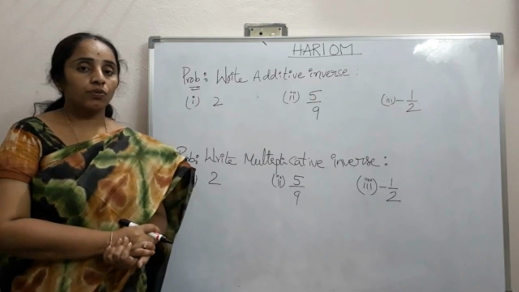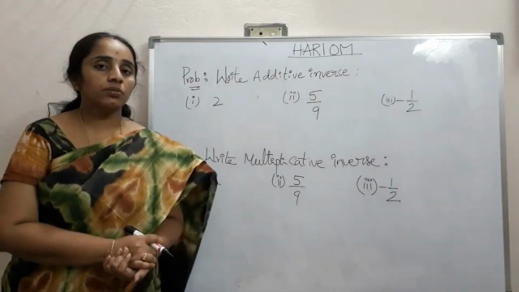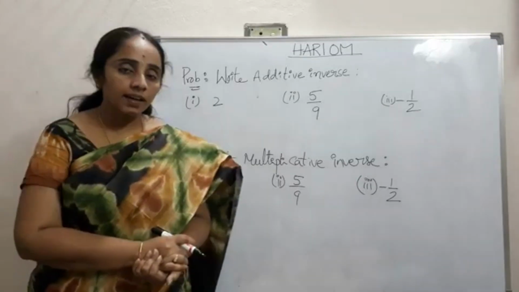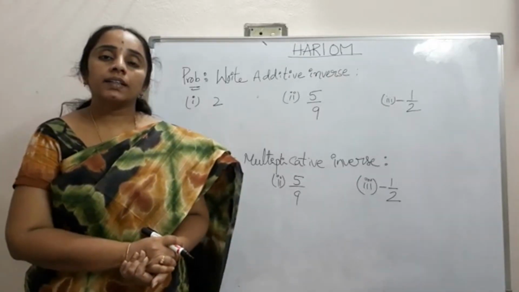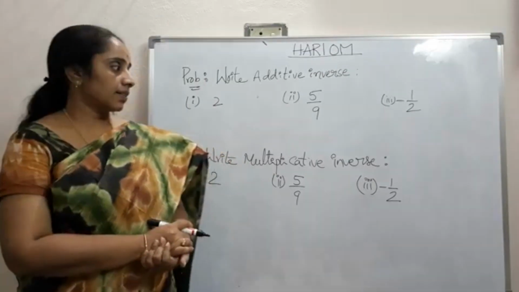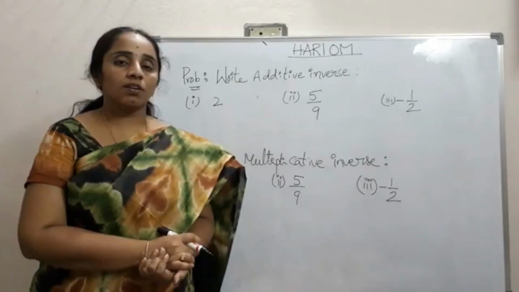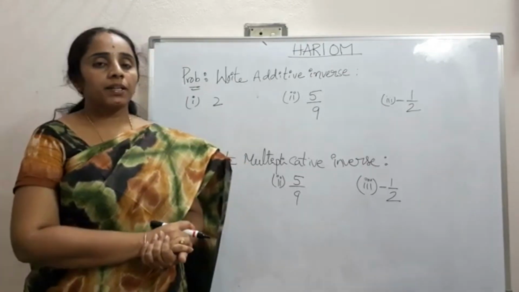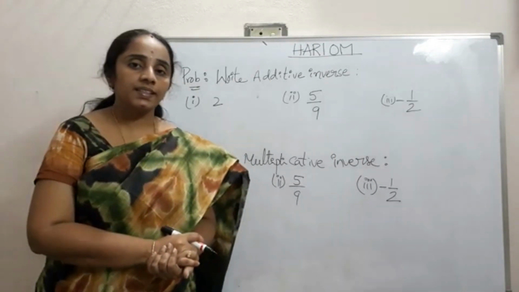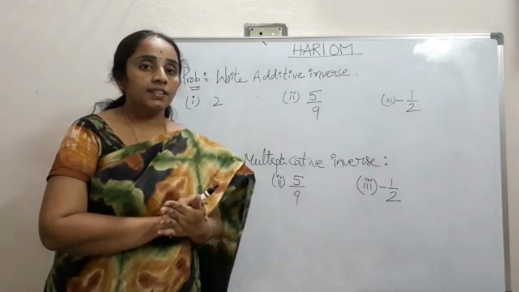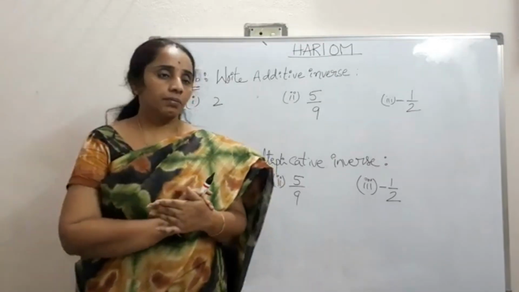In generalized form, as I already told you, the additive inverse of plus a is minus a, and the additive inverse of minus a is plus a. In the same way, the multiplicative inverse of a is 1 by a, and the multiplicative inverse of 1 by a is a. Here whatever I have taken, a is a rational number.